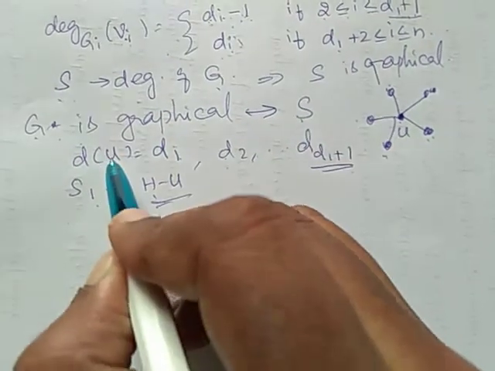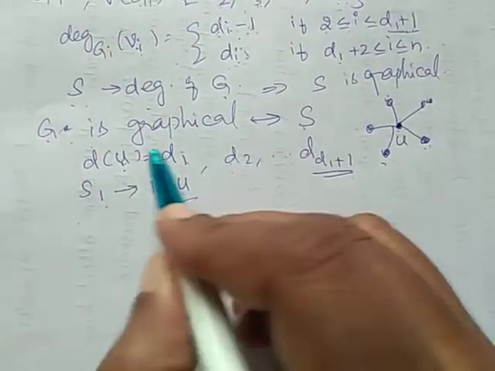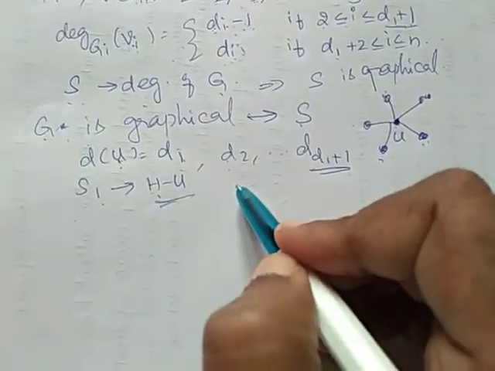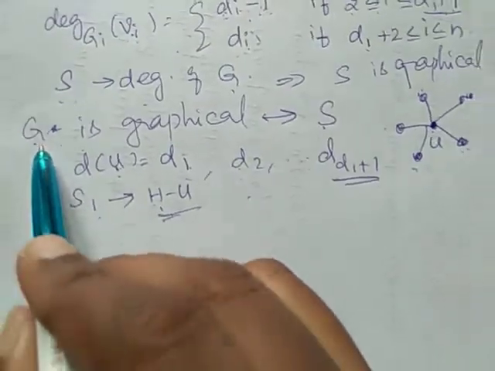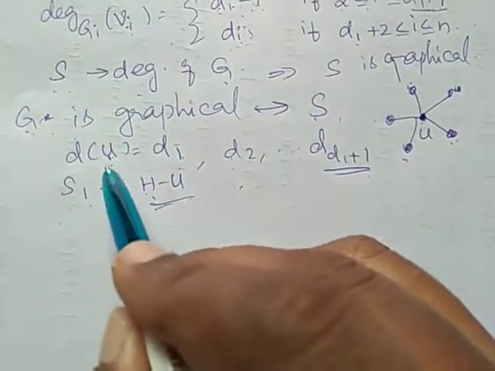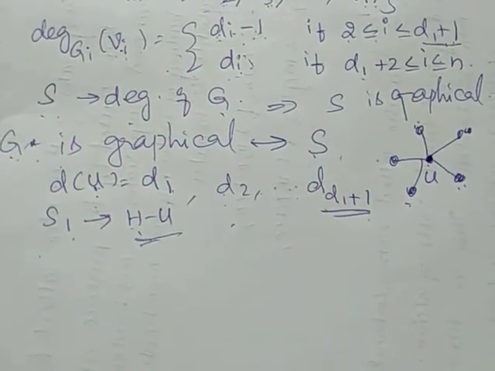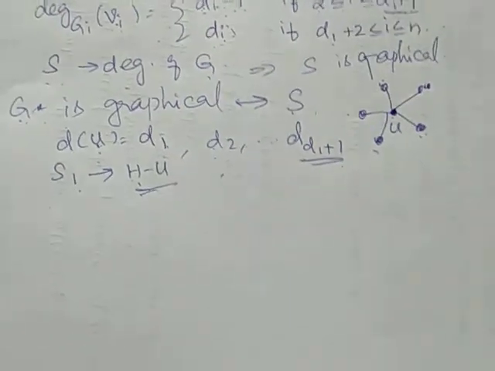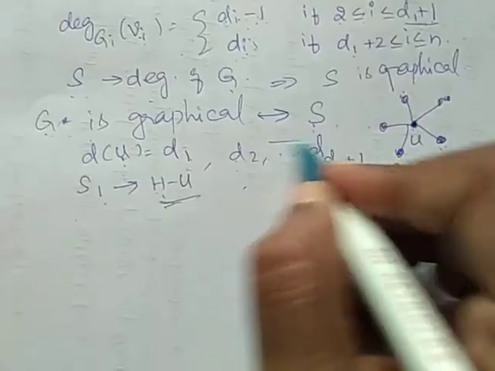We are considering a vertex U of highest degree, and we are considering the degrees of adjacent vertices also, right? Now we are going to check whether S1 is graphical or not. So now we are assuming there is no such graph G with degree sequence S. This is our data.